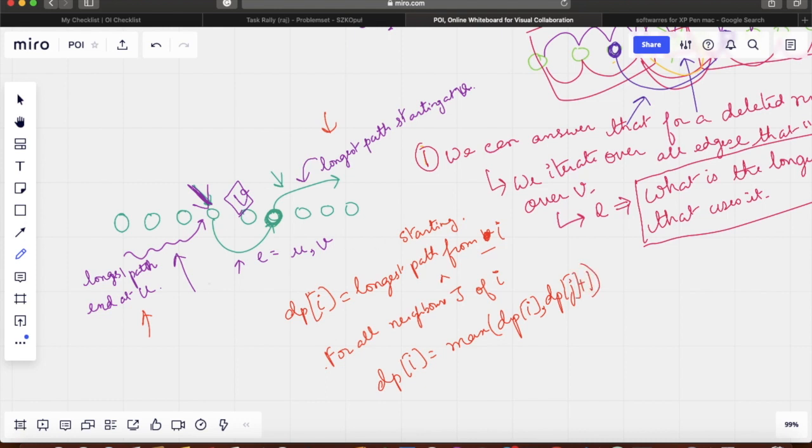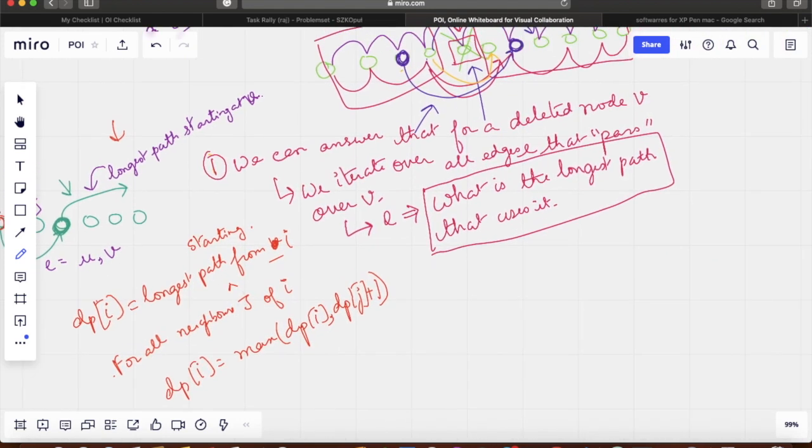And similarly we can find the longest path ending at u for all the u's. The trick is that we just use the reverse graph of our original graph, and then it's equivalent to finding the longest path starting from u.